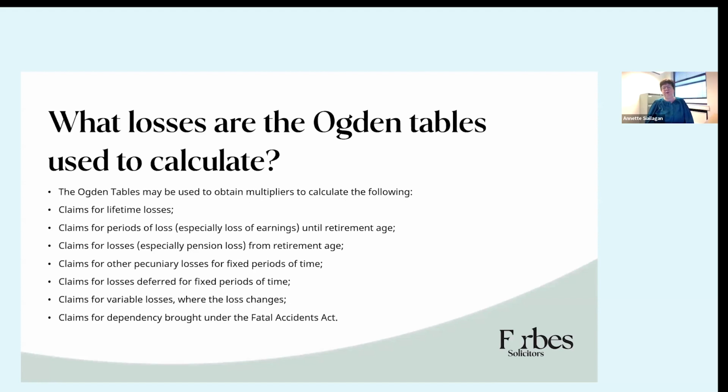This is just a general overview of the type of calculations you can use. You can also calculate where the loss changes. There are ways to calculate that, and there are also calculations for when you're bringing dependency claims under the Fatal Accidents Act. So that's just a general overview of the type of calculations where you will need to apply an Ogden multiplier.